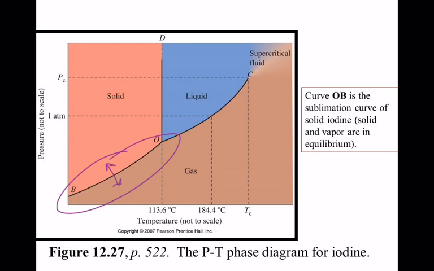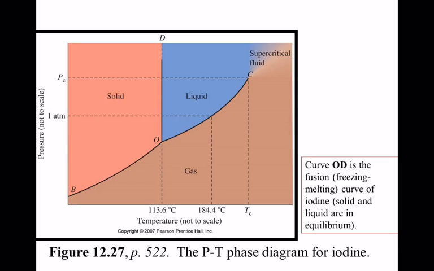For instance, if you had a solid here at this particular temperature and pressure, and you were to jack down the pressure, you could actually get it to go from a solid to a gas just by reducing the pressure. I think that's so cool. So that's OB.